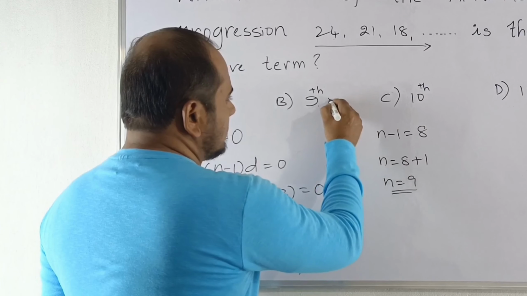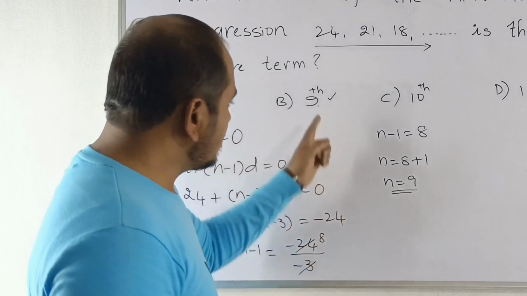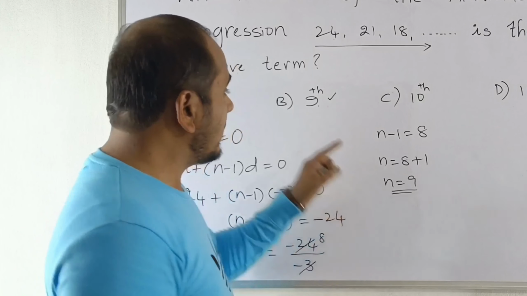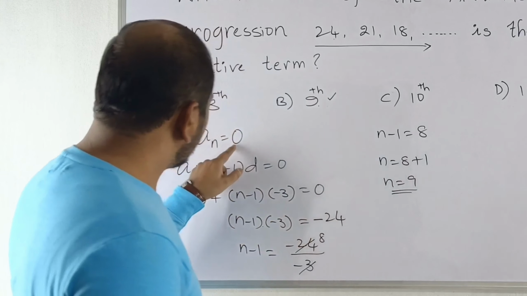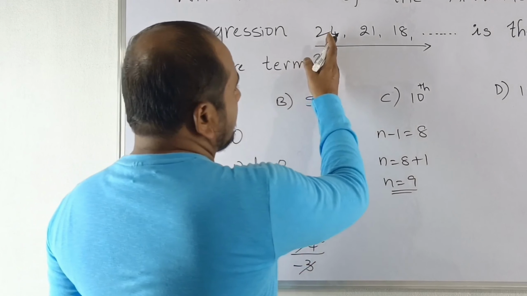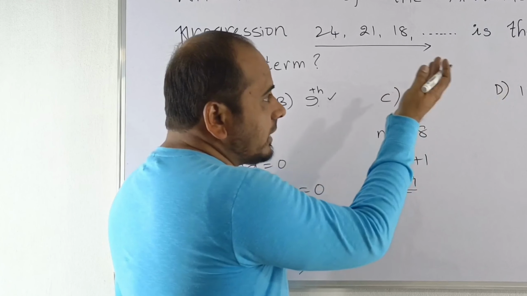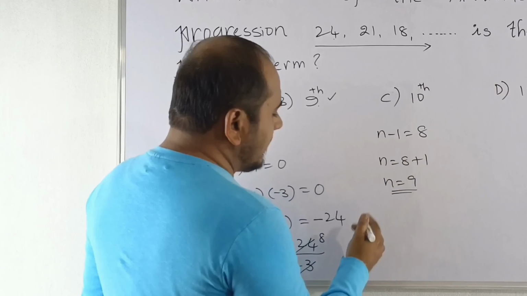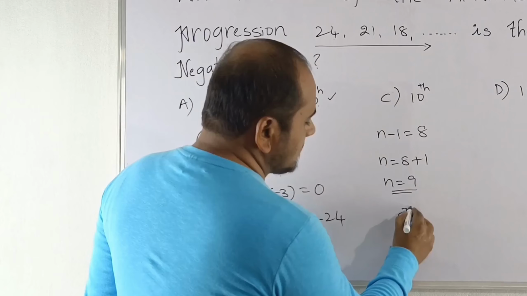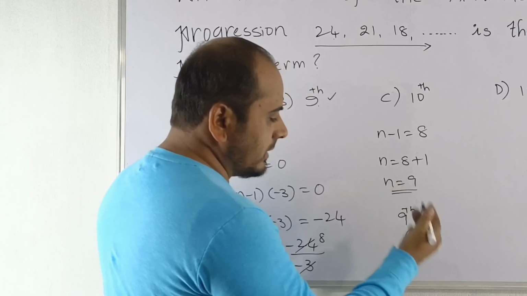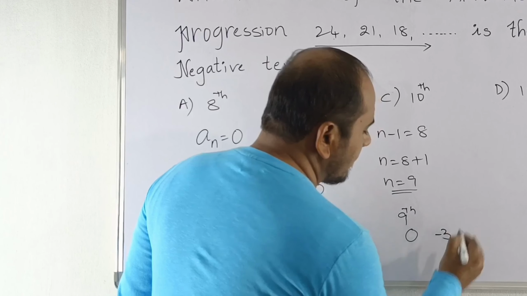So ninth term. But my dear, this is not the correct answer. Here ninth term is the 0 value. Means if you take 24, 21, 18, 15, 12, if you continue this progression, finally in ninth place you will get 0. It means the next term will be minus 3.